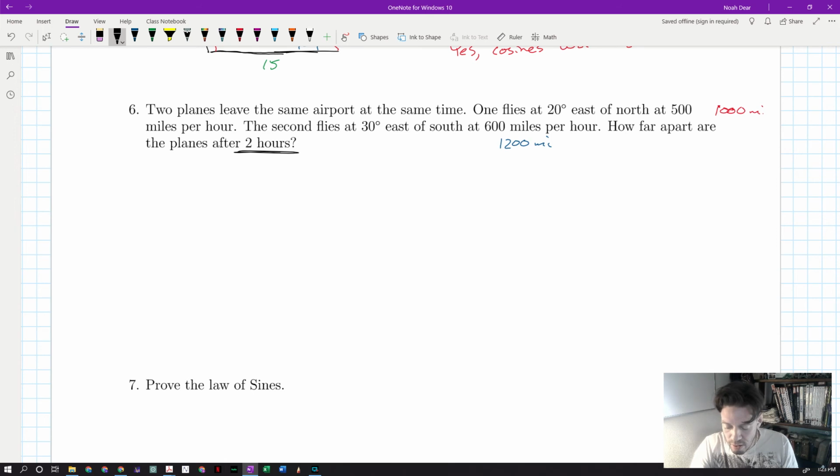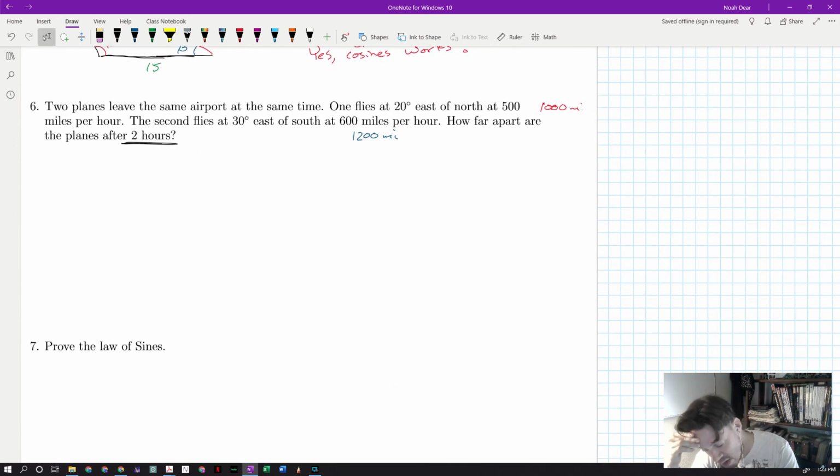So it's important that we are using standard bearing communication that's used in airplanes and in ships. We say east of north or north of east or west of south, because I can't just say northeast. If I said 20 degrees northeast, then there can be some ambiguity, different ways of interpreting that. So this is 20 degrees north of east.